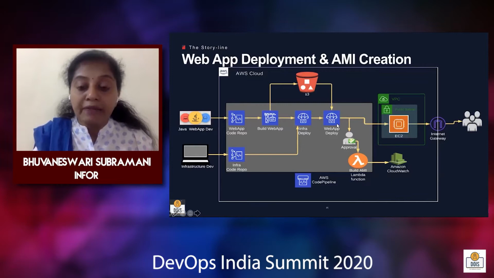So once we have this application ready and end user validates it, all set, so now we have the application working. Our requirement here in this entire pipeline is to build and deploy the Java web application code on the newly created EC2 instance, get it validated, and then create an AMI, that is the template out of this EC2 instance.